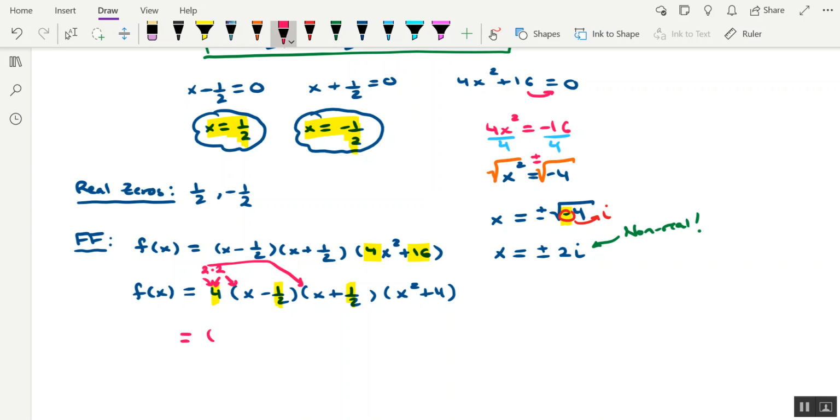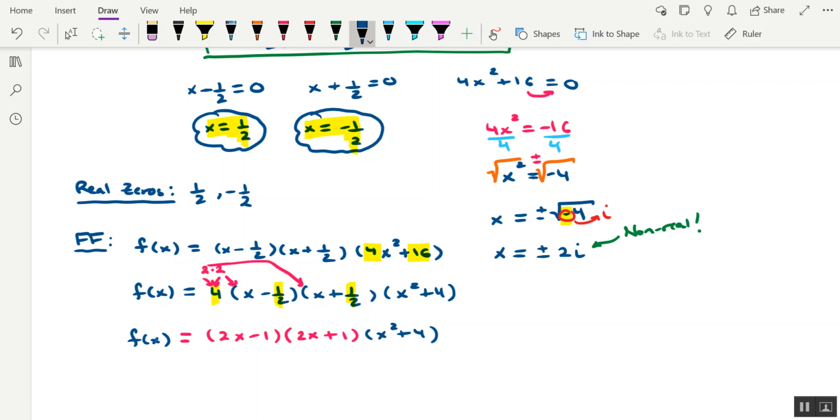When you distribute the first 2 to the first factor, you're going to get 2x minus 1. And then to the second factor, you'll get 2x plus 1. And there are no more 2's to utilize, meaning that nothing's going to happen with x squared plus 4. So this would be the factored form version of the function when we only consider real zeros.